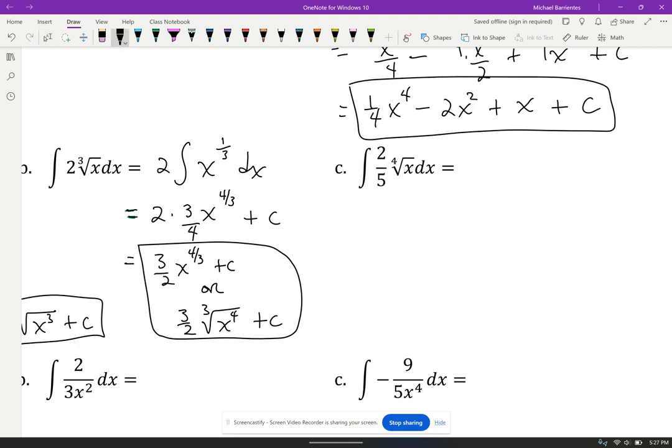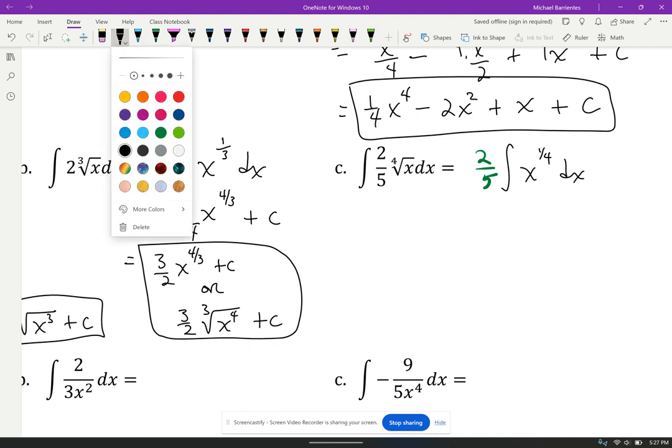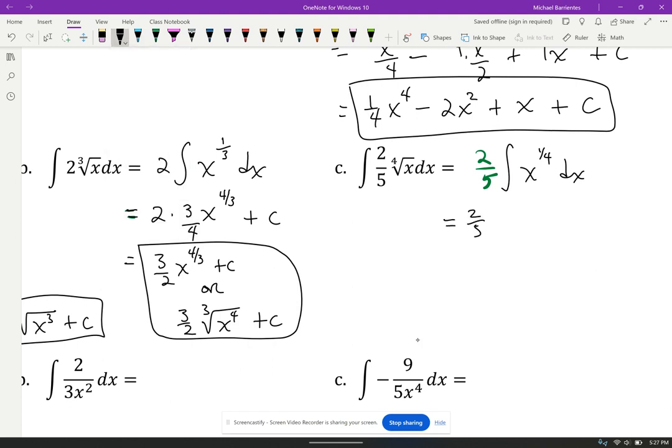When I look at letter C, again, I'm going to take out the 2/5. Again, I'm going to rewrite this as x to the 1/4. And then I'm going to do the reverse power rule. The reverse power rule says take my exponent and add 1 to it. So that's going to give me 5/4. And I'm going to divide by 5/4, except that's the same thing as multiplying by 4/5 plus c.